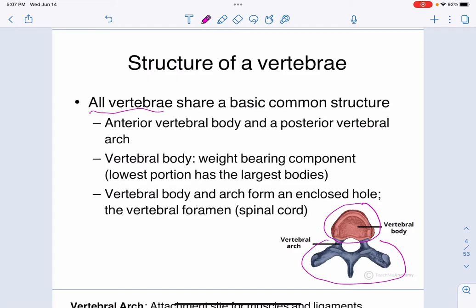All right, there are actually many components to the vertebral arch that I'll talk about in the next slide. The vertebral body is the weight-bearing component. So the cervical vertebrae have the smaller bodies, whereas the lumbar vertebrae, their bodies are quite large.